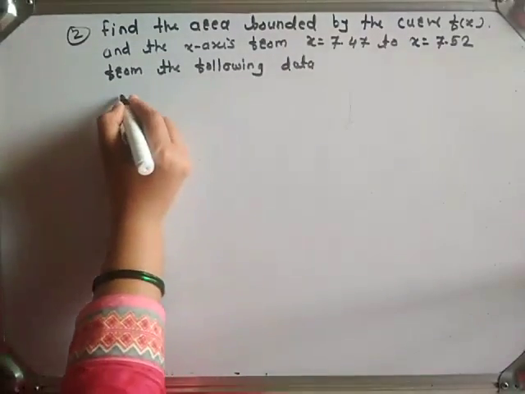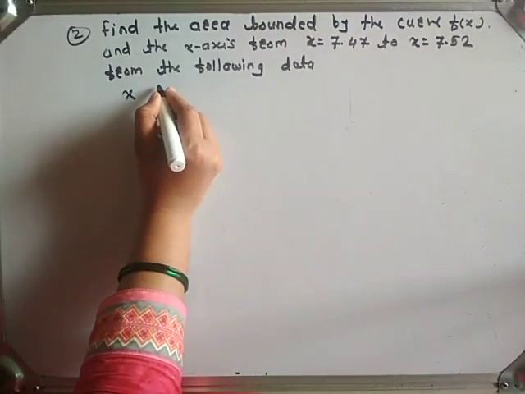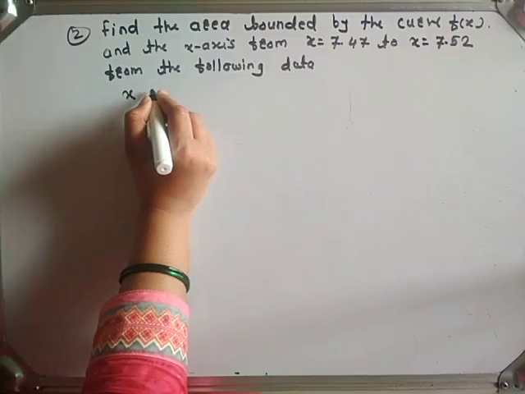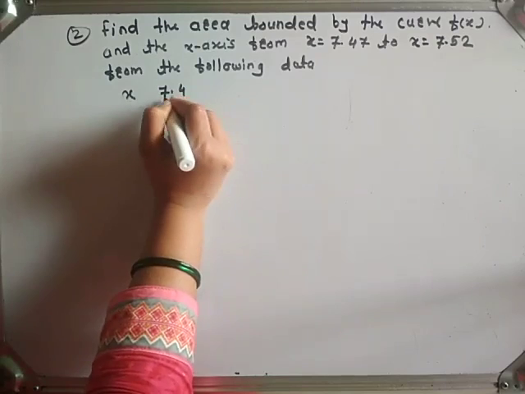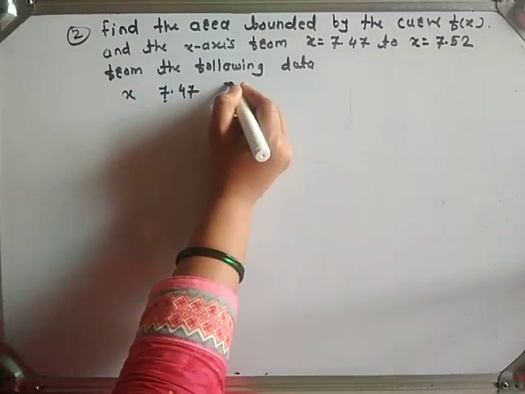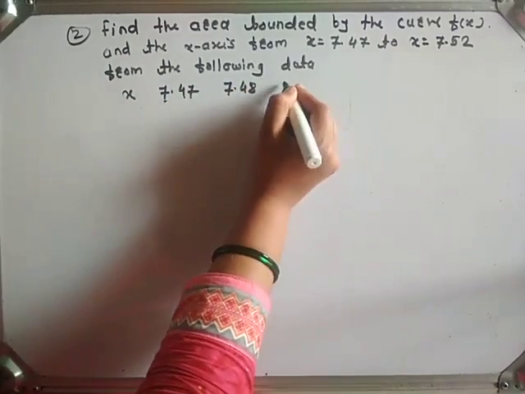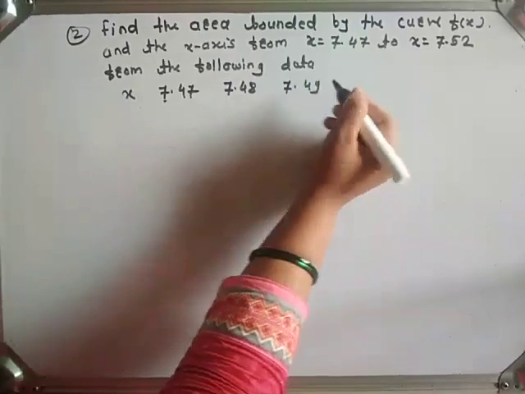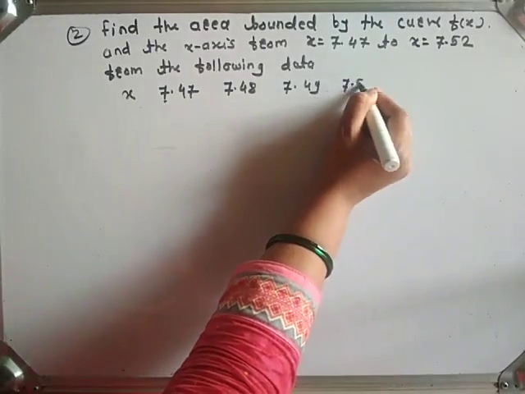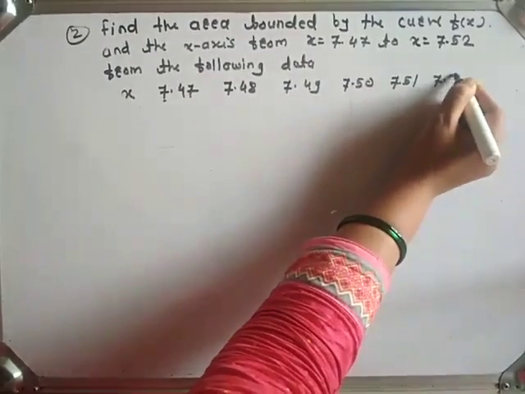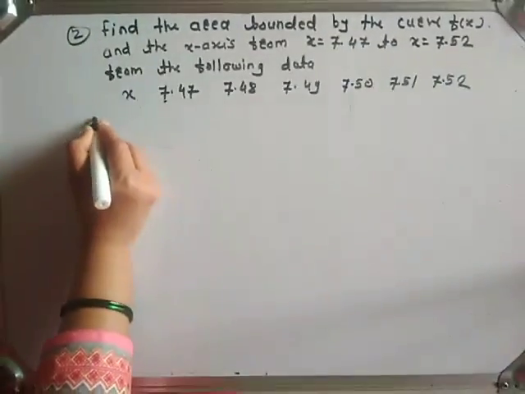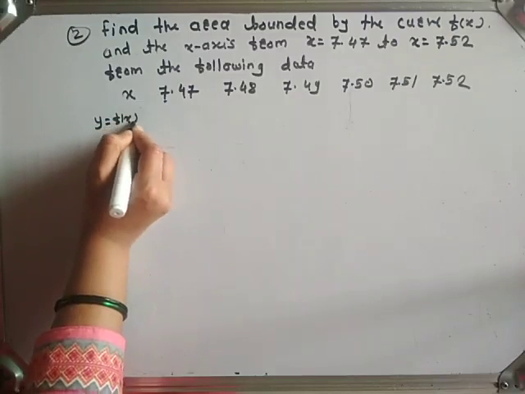Okay, where x values are 7.47, 7.48, 7.49, 7.50, 7.51, 7.52. Here y is equal to f of x.